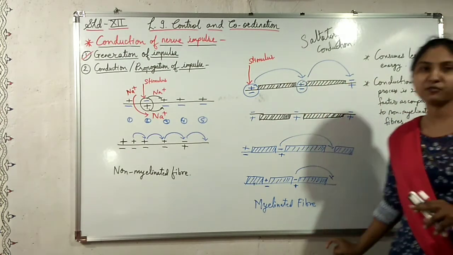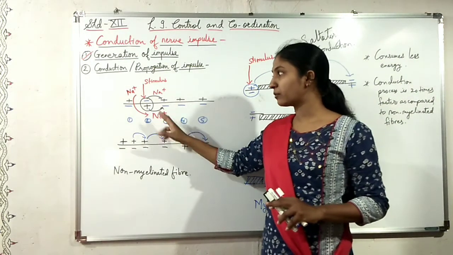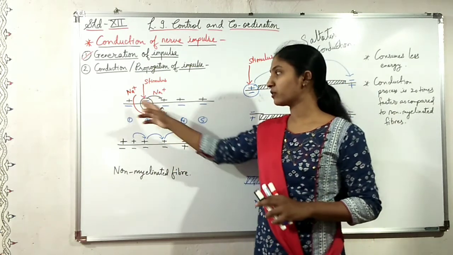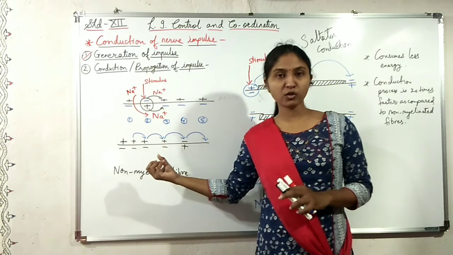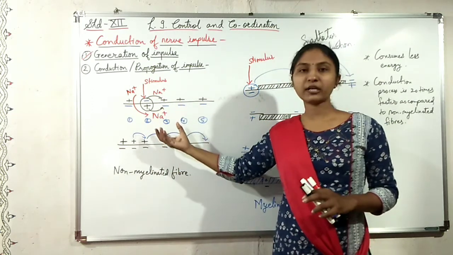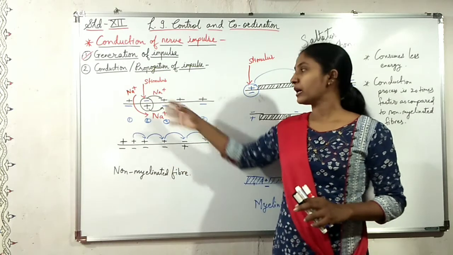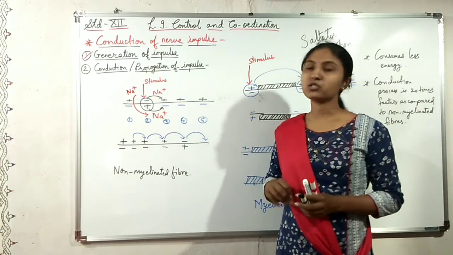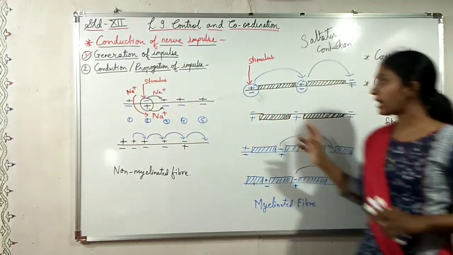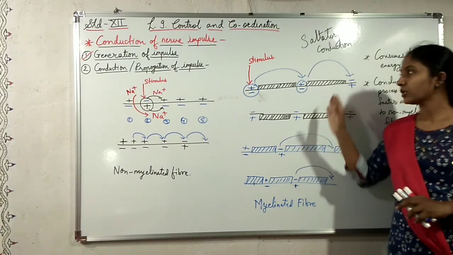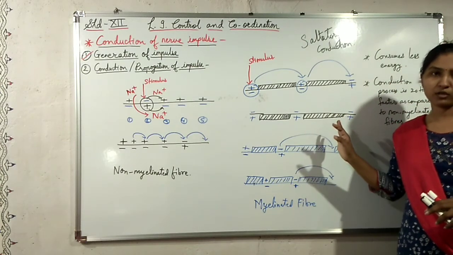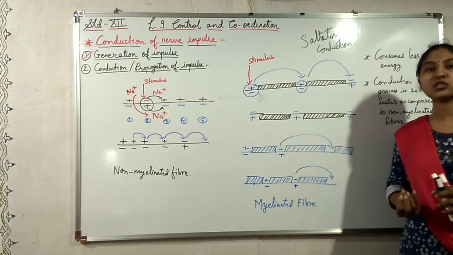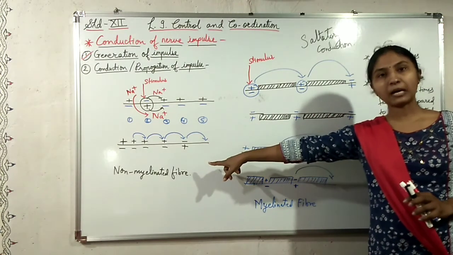In the non-myelinated fibers, more energy is consumed because of the voltage channel gates for the ions. Those gates need energy to open up, and when the sodium ions travel inside the neuroplasm, energy is consumed. Whereas in myelinated fibers, there are no voltage channel gates, so the impulse jumps from one node to another node, and less energy is required as compared to the non-myelinated fibers.